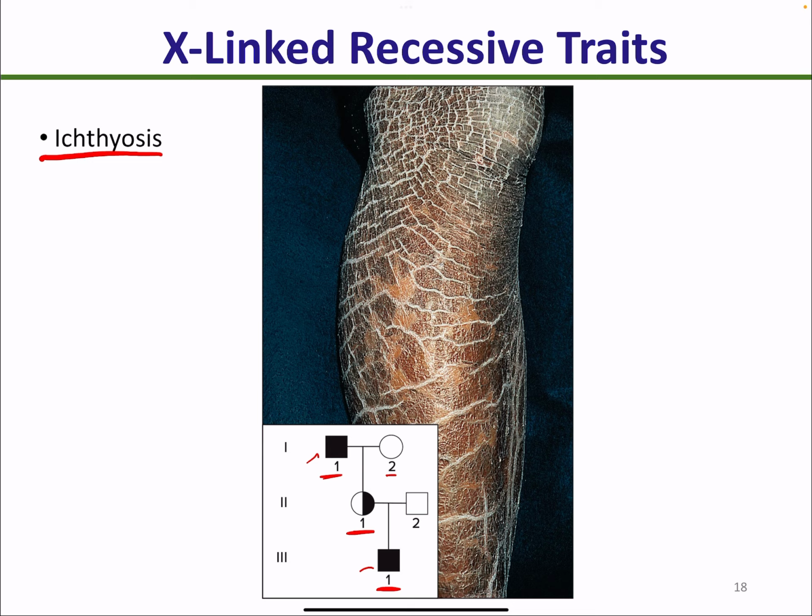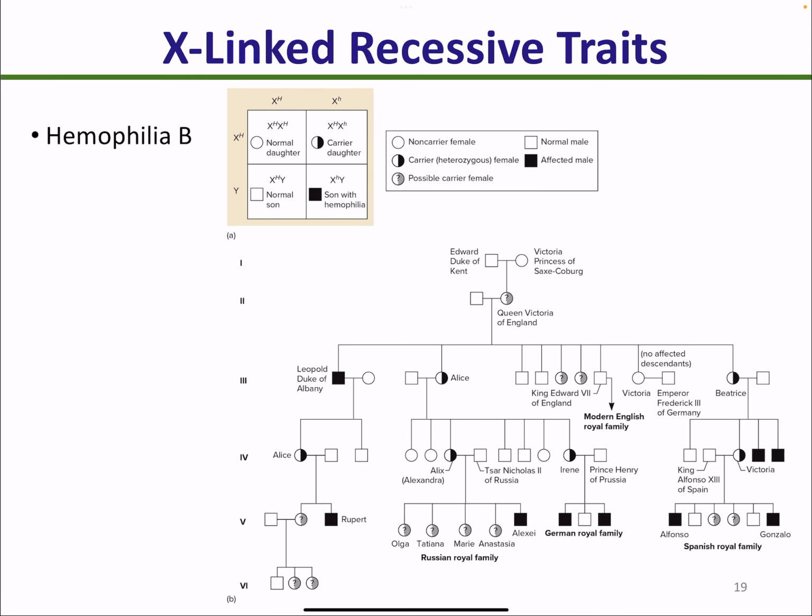All right, so now in terms of hemophilia, in this particular pedigree, we're going to start with Queen Victoria of England. Queen Victoria of England was suspected to be a carrier. She didn't have hemophilia, but she's suspected to be a carrier.